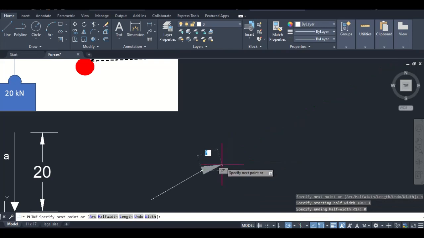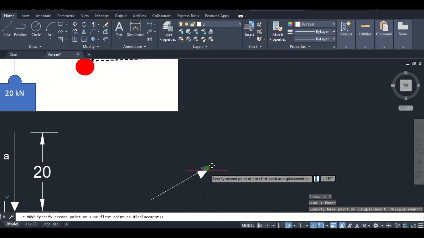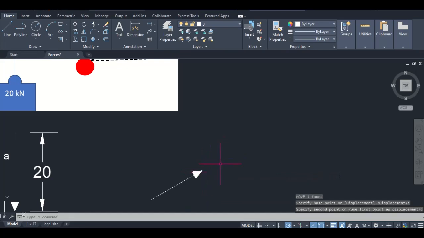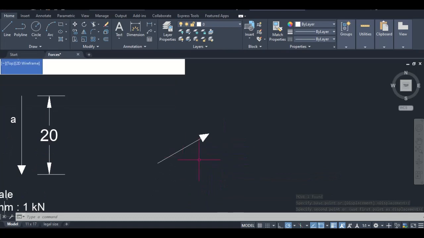Looks better, so we can work with that and keep it at 2. Always remember to move it so that your line is not longer than it should be, because that can cause some serious problems. So now I'm also going to be putting a little line here so that I can measure.